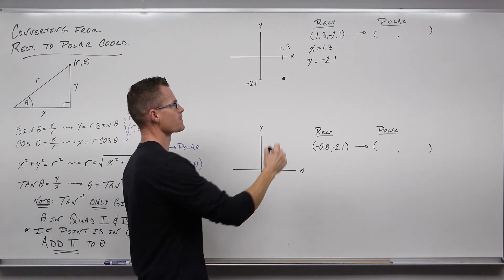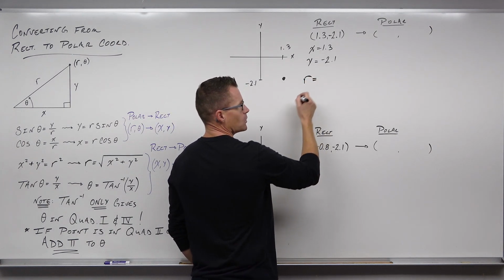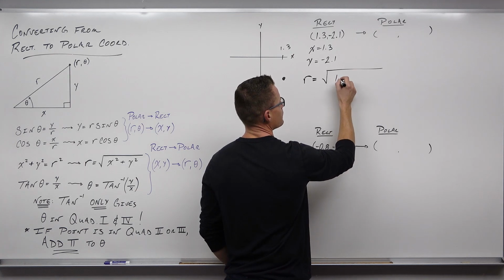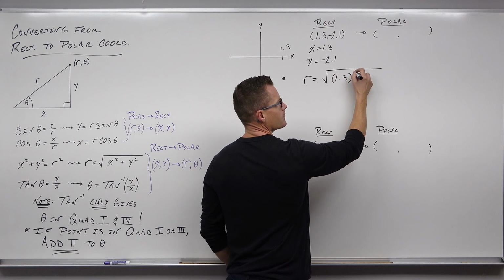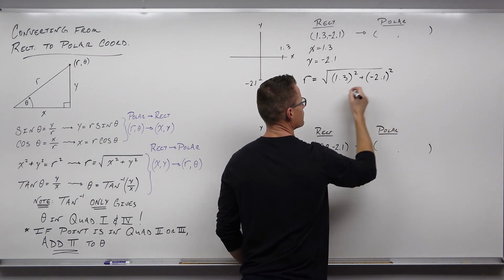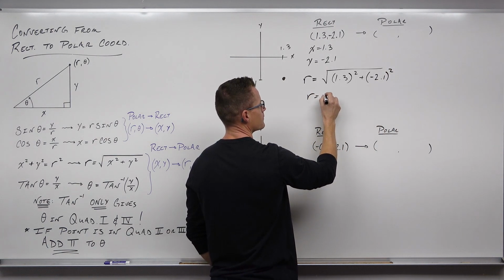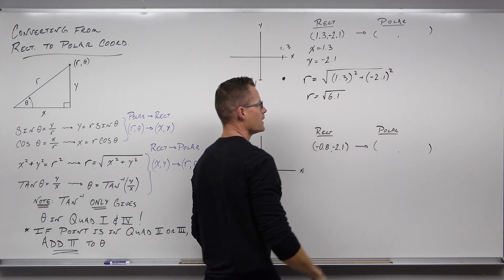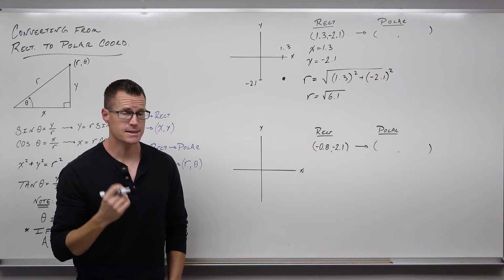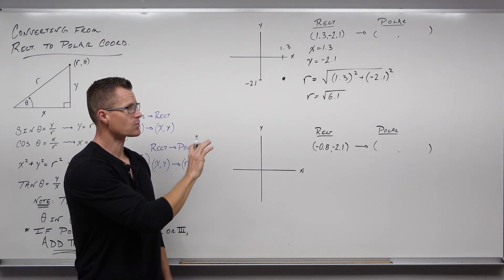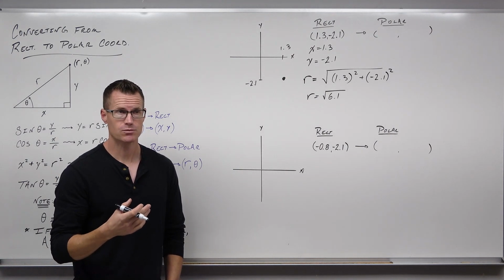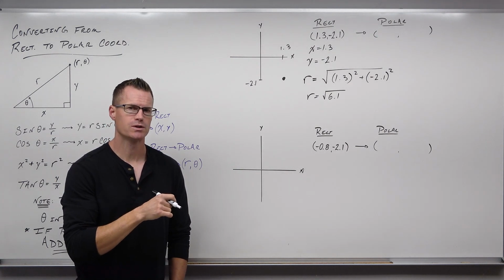Let's find r first. With r, we're going to take the square root of x squared plus y squared, and you get the square root of 6.1. This is exactly what r is. I didn't round that at all. So if you wanted an exact representation of r, it would be the square root of 6.1.